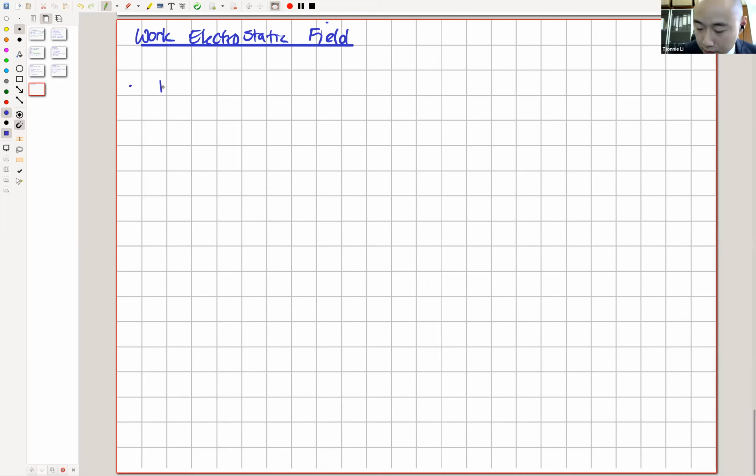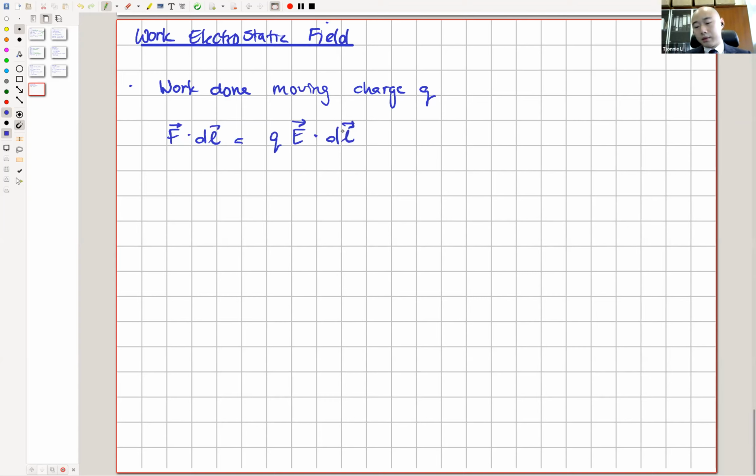Work done moving a charge Q is simply given by F, the force, multiplied with dl, which we've seen in one of the first lectures. That is simply Q E multiplied with dl. So let's make this a small piece of work, dW.